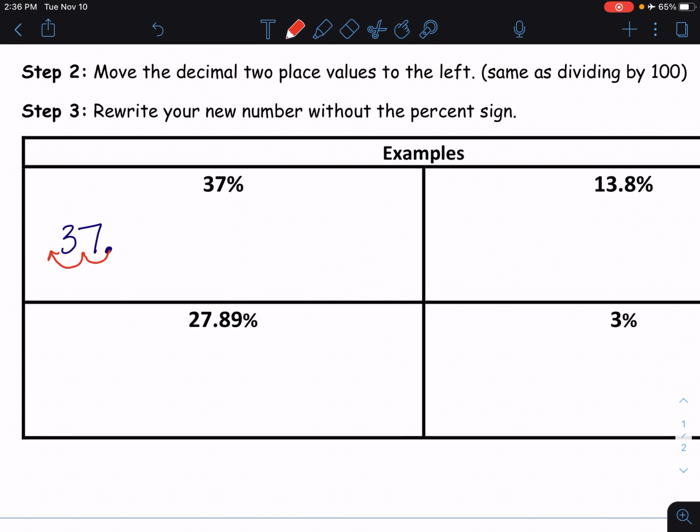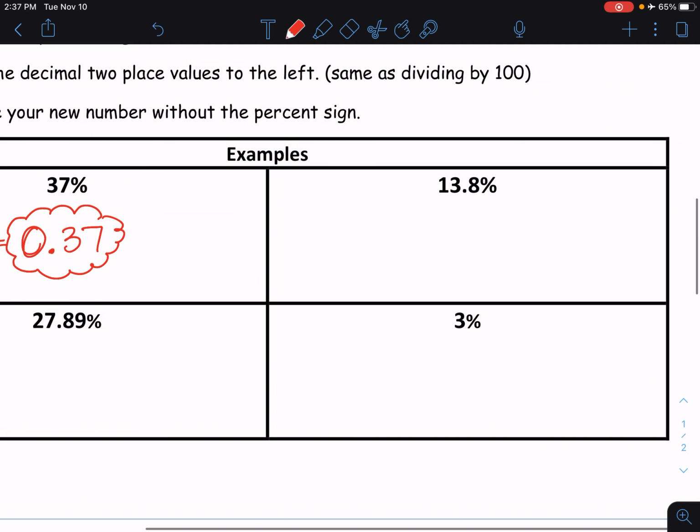This is the same as dividing by 100. So just like in class, I had you do the decimal times 100 to get the percent. We would do the same thing with our calculator if we wanted to and divide by 100, and we would get the same thing. So this is the same as 0.37, and I can include the 0 in front if I want to. No percent sign in my answer.